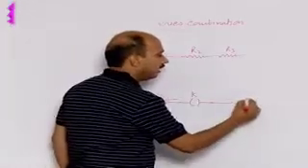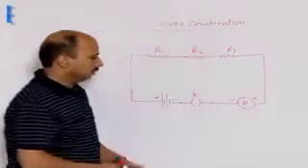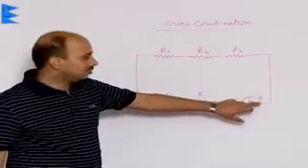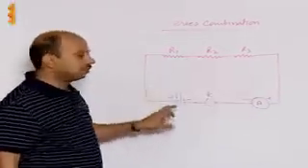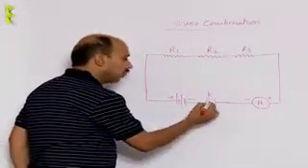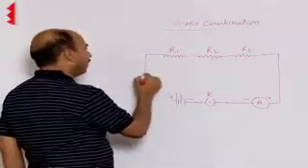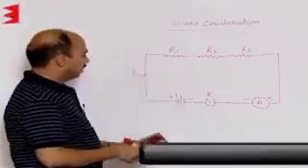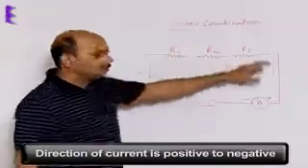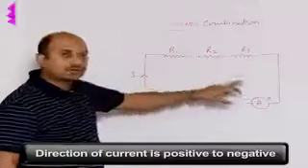This is negative and positive terminal of this, and see here positive terminal of this device is connected to positive terminal of the battery. Now, when we switch on here, plug the key, we get current flows like this. Direction of current is positive to negative. As you know, this is a conventional direction of current.